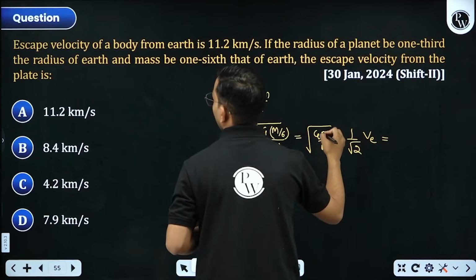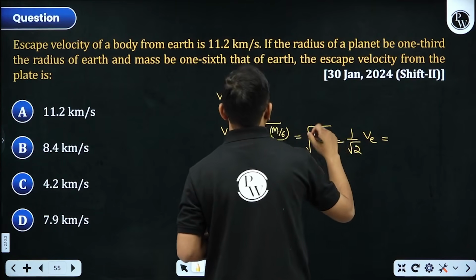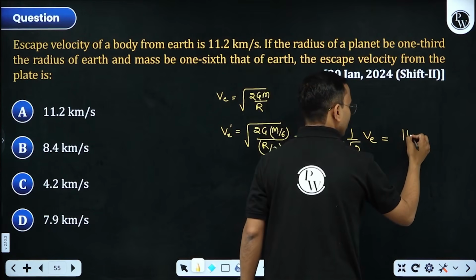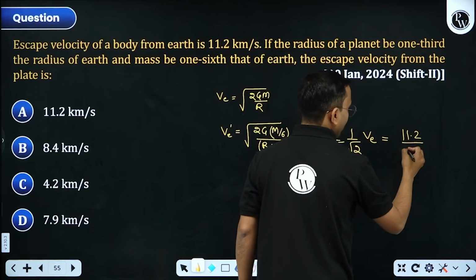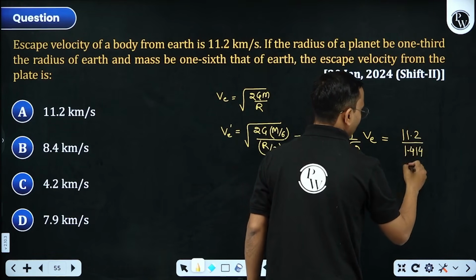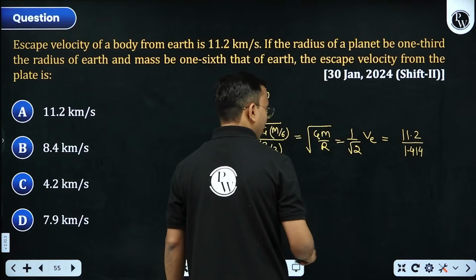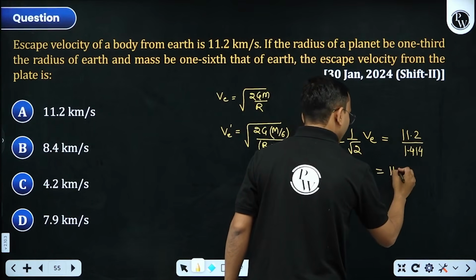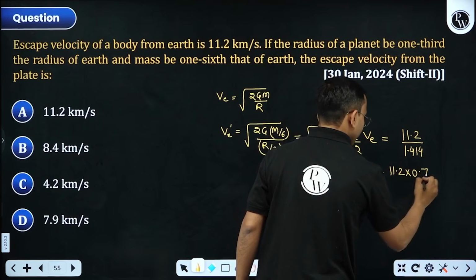So what is this? This is 11.2 divided by 1.414, or 1 by root 2 you can write nearly 0.7. So 11.2 into 0.7.